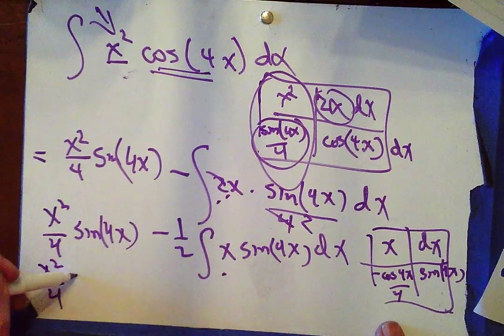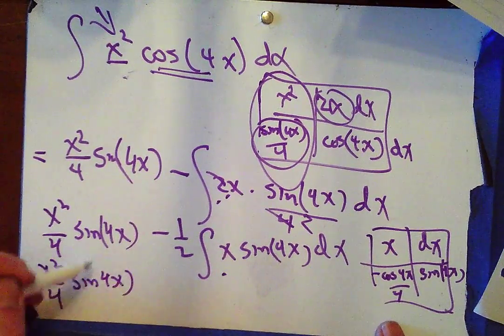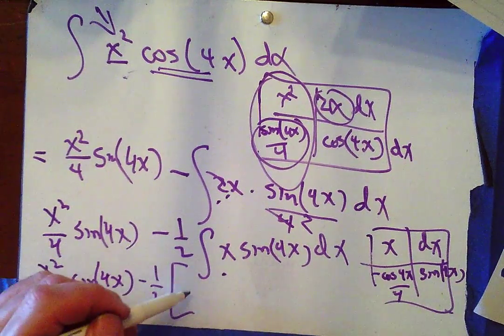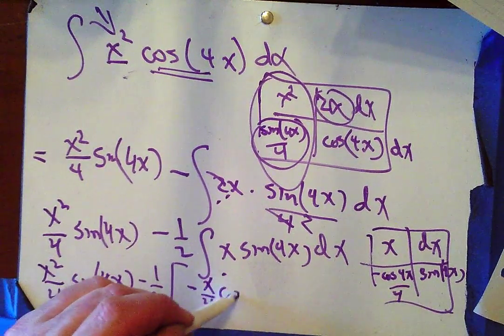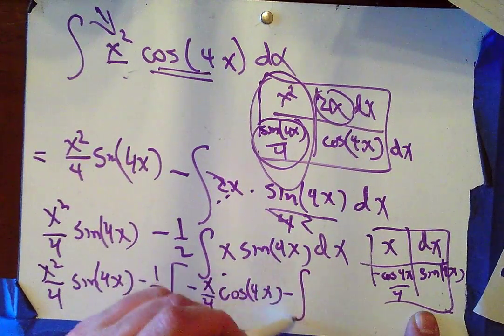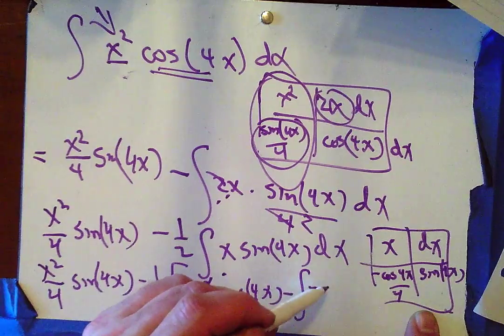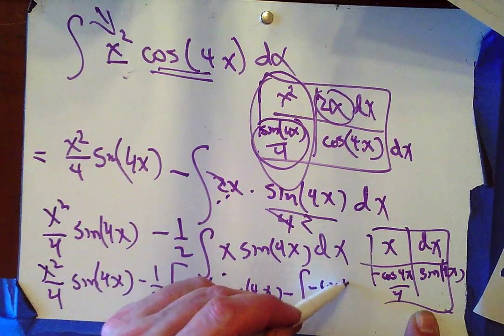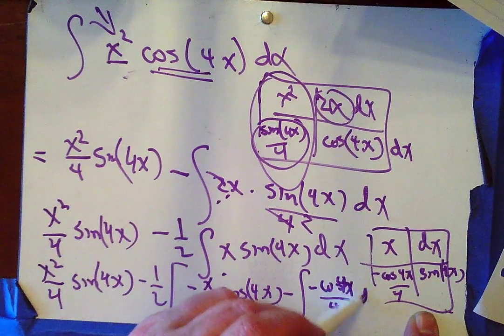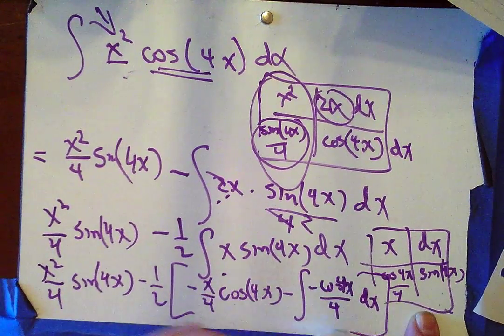So we've got x squared over 4 sine 4x minus 1/2, and then this times this, minus x over 4 cosine 4x minus the integral of negative cosine 4x over 4 dx. Woof!